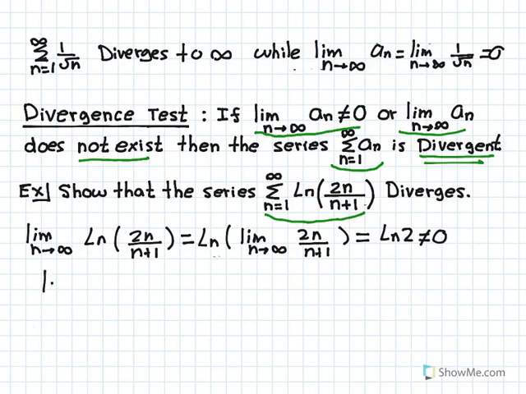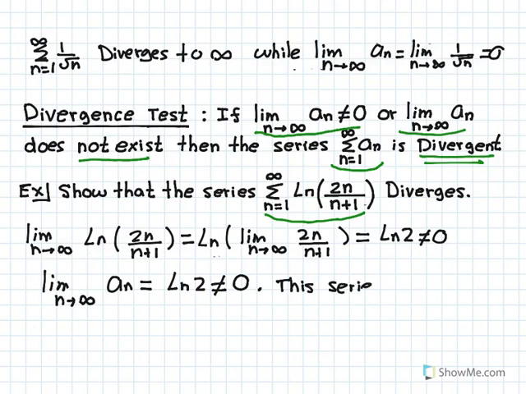The divergence test makes sense intuitively, because at infinity we're adding terms that are not approaching 0, so the total summation has no chance of converging to a finite sum. So in any case, this series diverges.